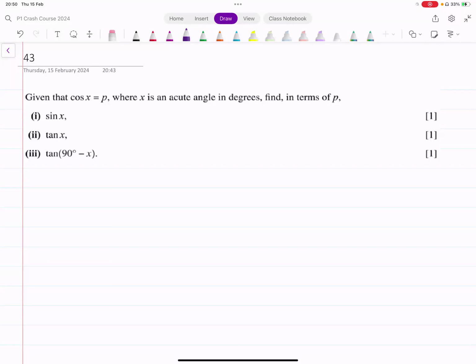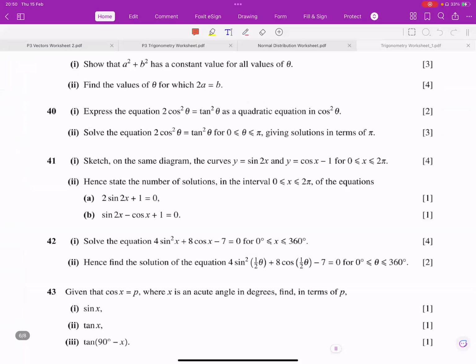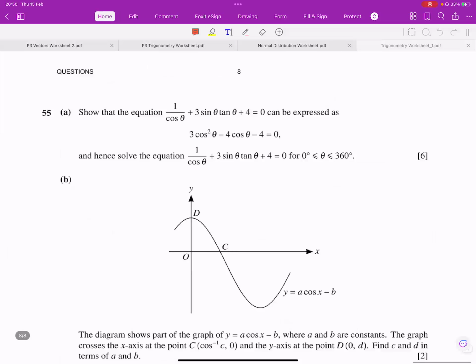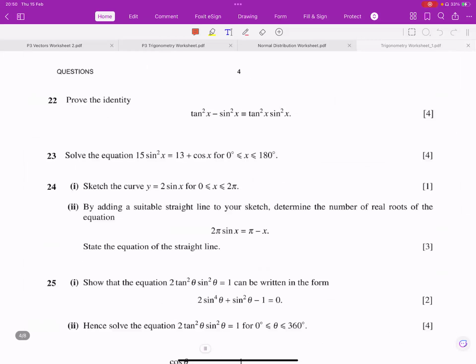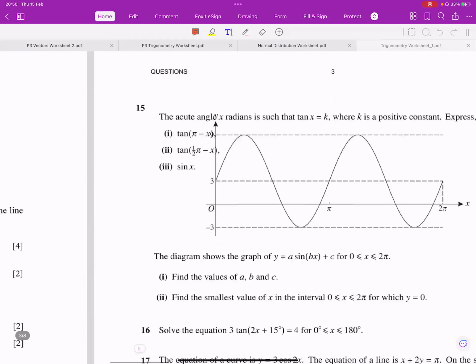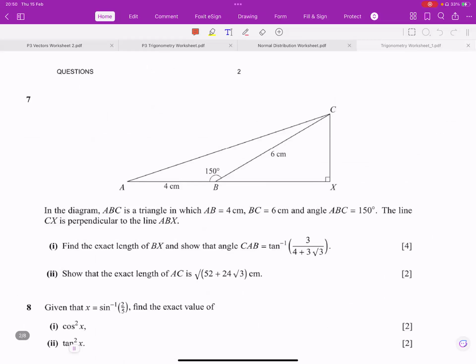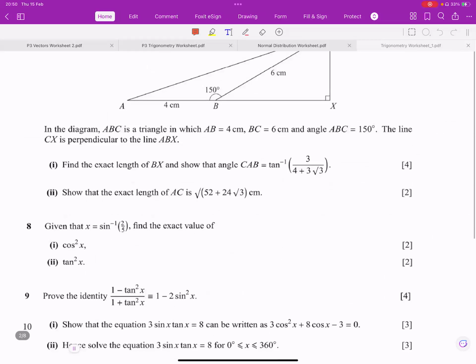No. Okay, so after today, you should be able to do all questions from this worksheet apart from the ones that involve sketching graphs. Apart from those, you can do the rest of them because we would have covered all the other concepts after this class. So I would expect you to spend this weekend practicing a lot of questions from this worksheet.